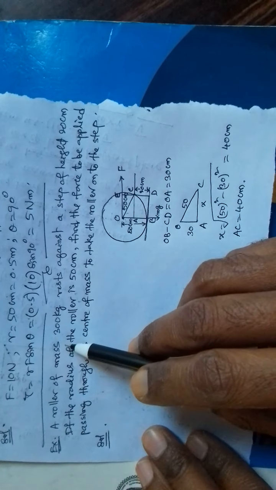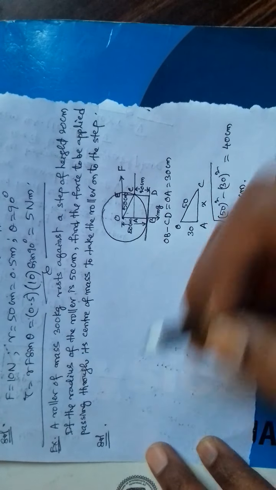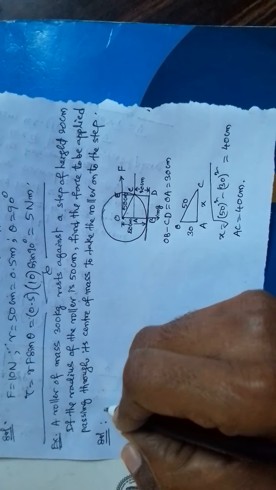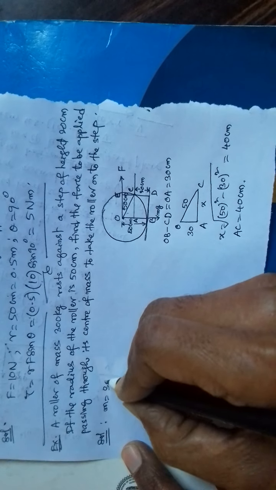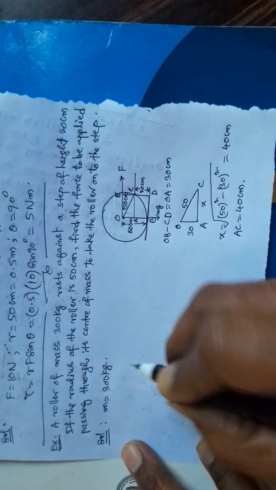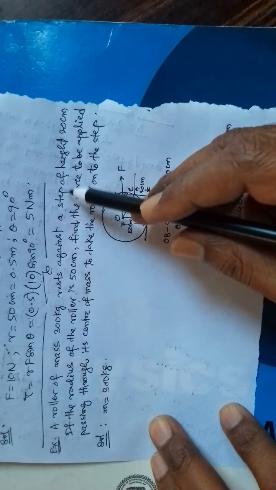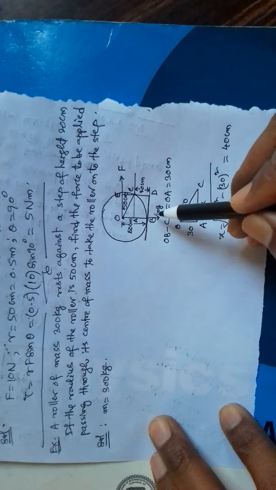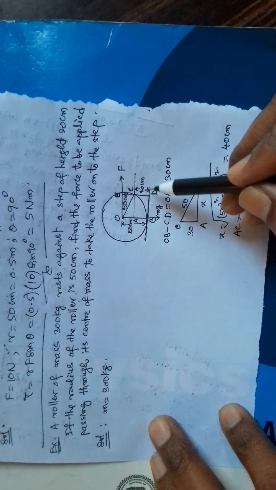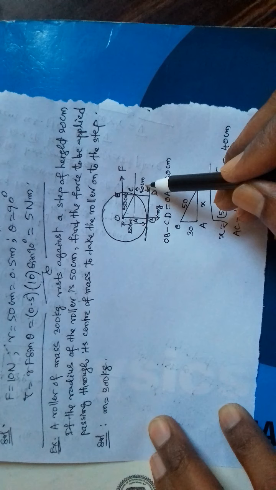A roller of mass 300 kg. This is a roller and its mass is 300 kg. It rests against a step of height 20 centimeters. See, this is a step and its height is 20 centimeters.